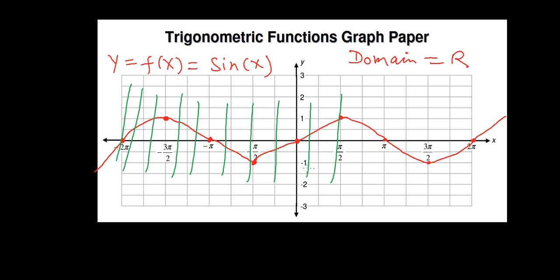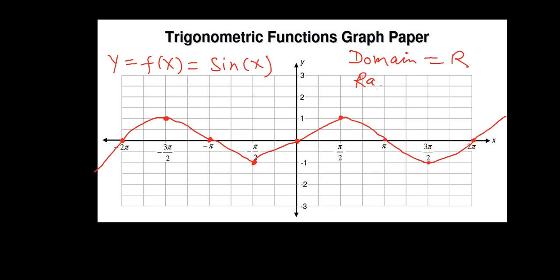Anywhere you can draw a line and you will find the value of the function. So this is defined for all values of x. So here the domain is R and the range of the function is minus 1 to 1.